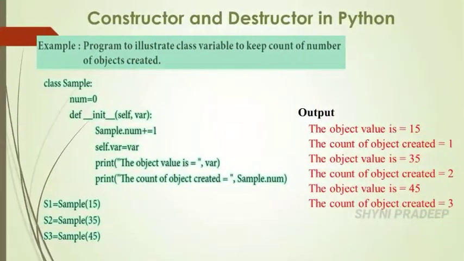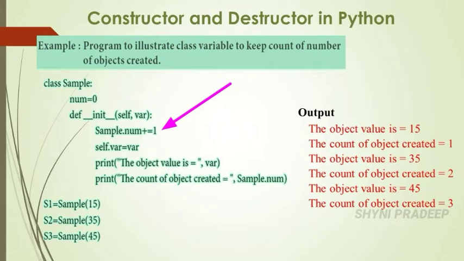Let us see another program. Program to illustrate a class variable to keep count of the number of objects created. Here sample is the class name, num is equal to 0, num is a variable and its initial value is 0. Next the constructor is given, def init with self and var as arguments, and next sample.num += 1.